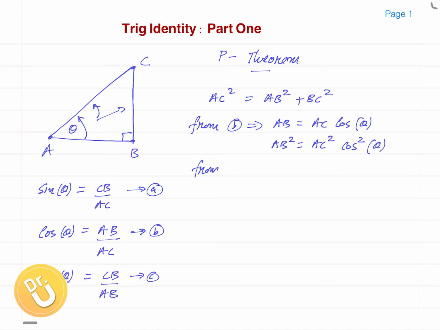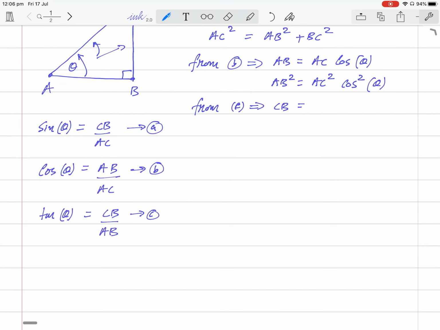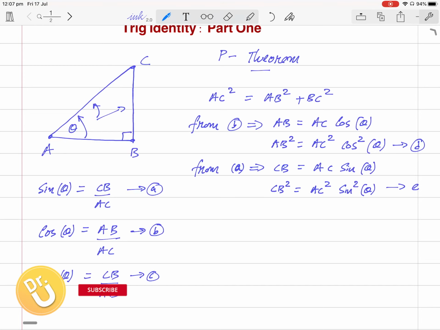Now from equation A, we get CB, which is AC sine theta, and CB squared would be then AC squared sine squared theta. So these would be my D and E equations.